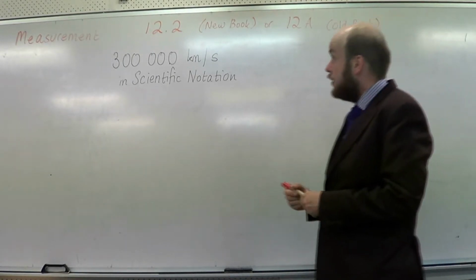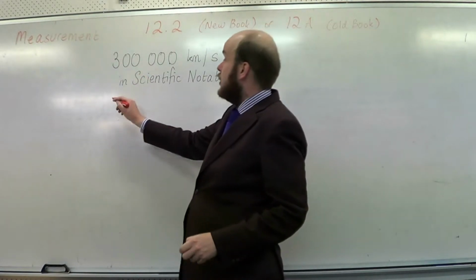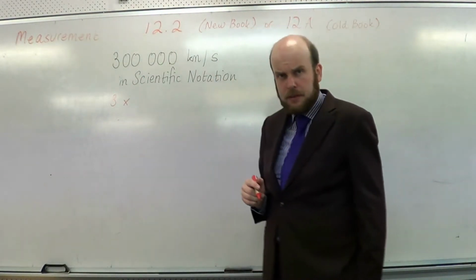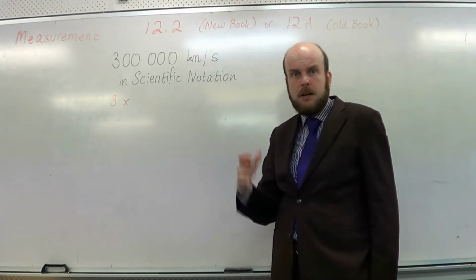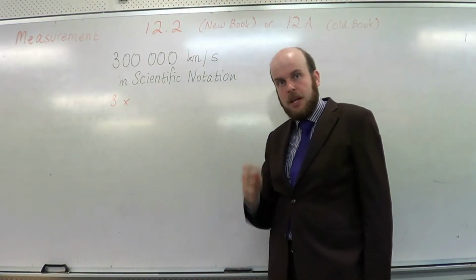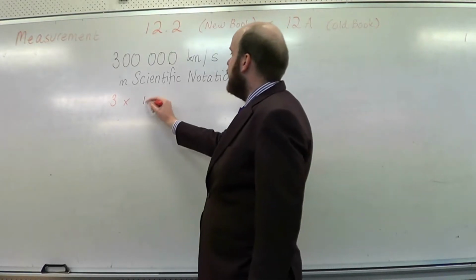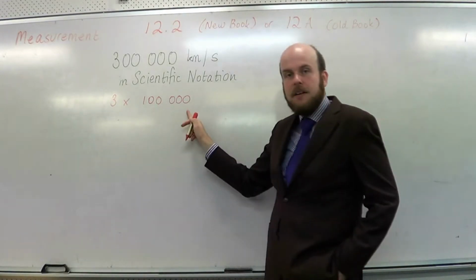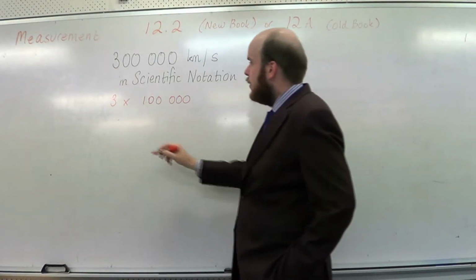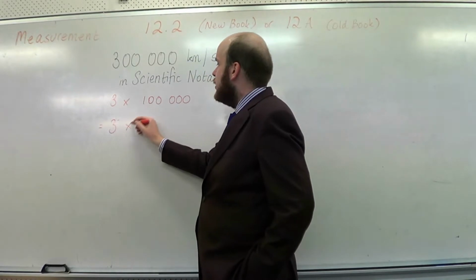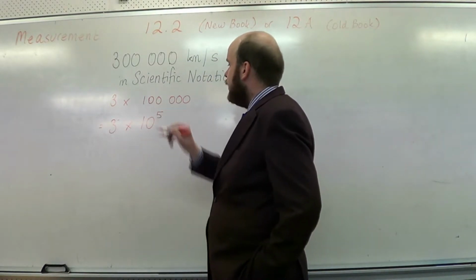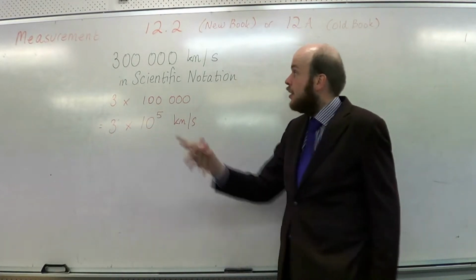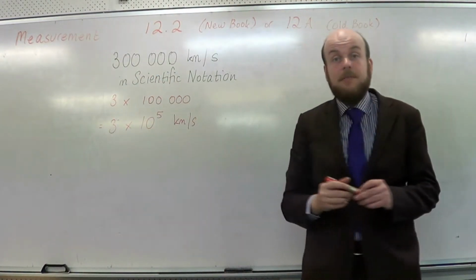So there's 3. 3 times what gets me 300,000? 3 times 100,000. There are 5 zeros. So this would be the same as saying 3 times 10 to the power of 5 kilometers per second.